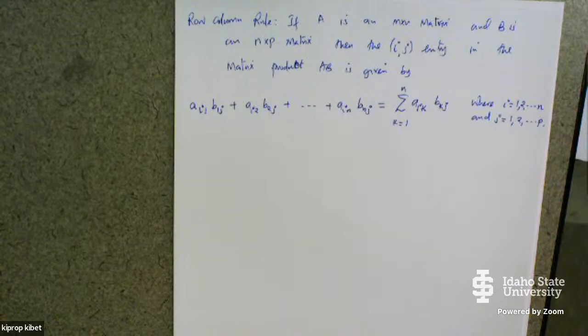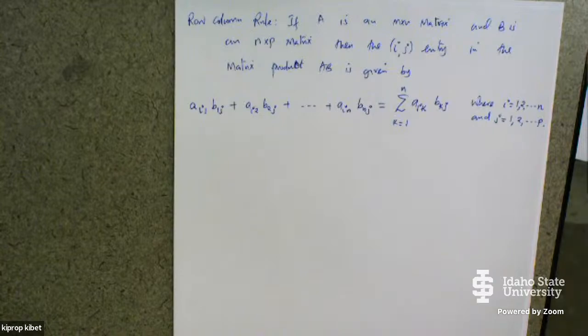So it is A_11, A_12, A_1N, the row, and then for column j it is B_11, and then B_21, which is down. So you're going like that.